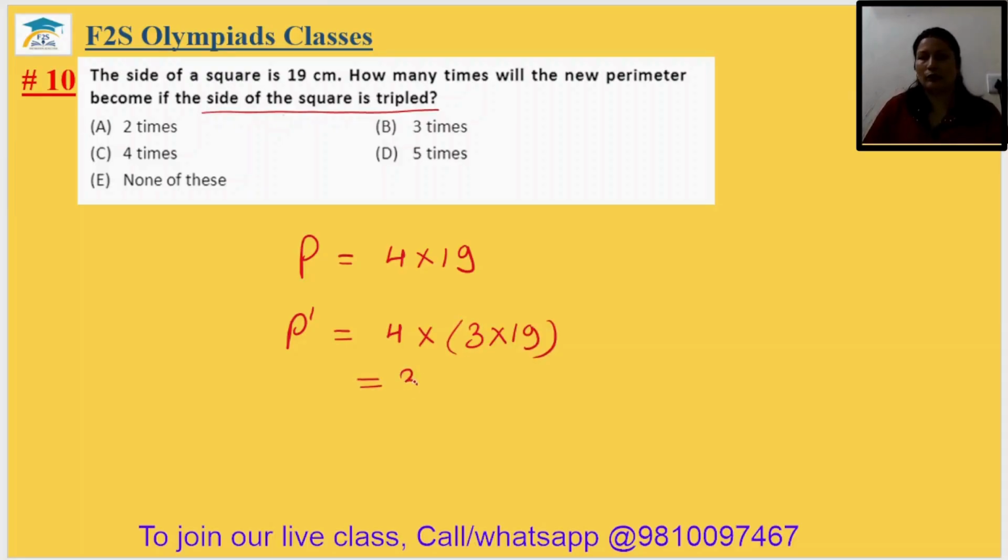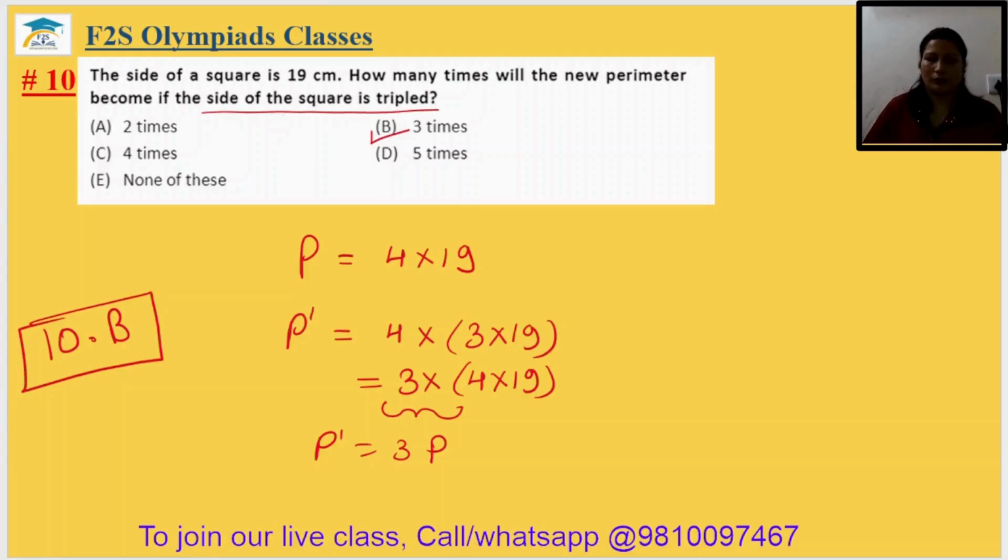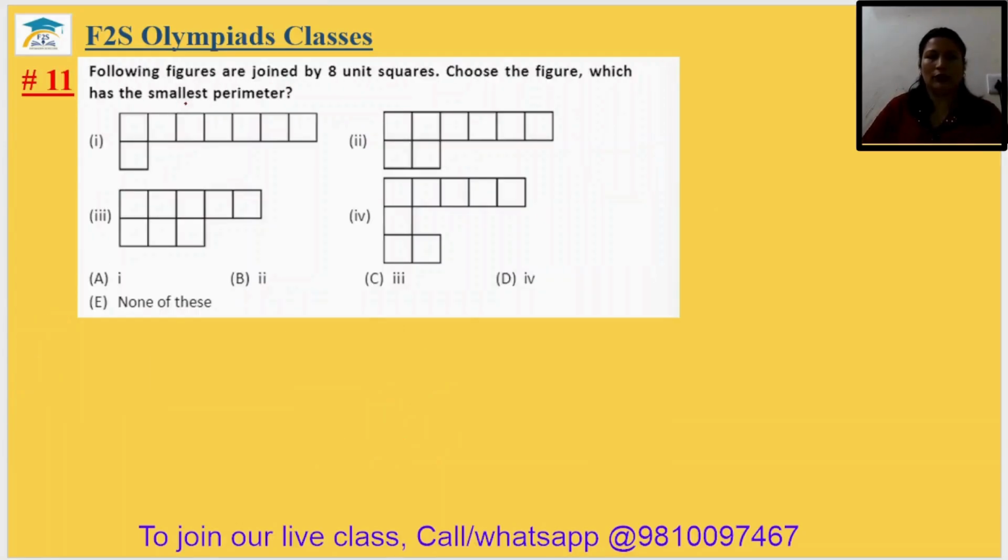After exchanging the position of the number, 4 multiplied by 19 will come here. We can say it is triple times. So P dash equal to 3P. So 3 times. It is in the option number B. So 10th answer is option B.